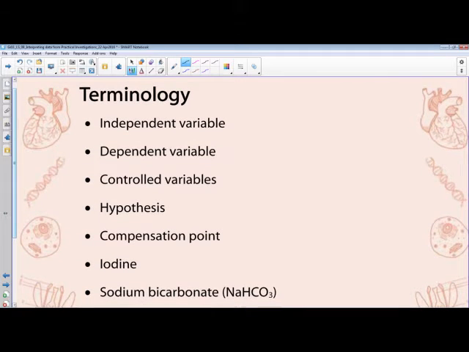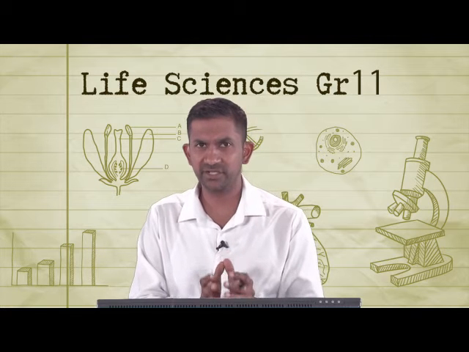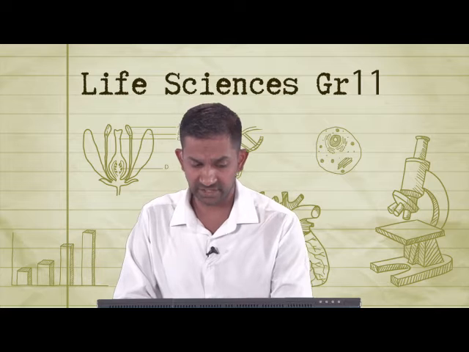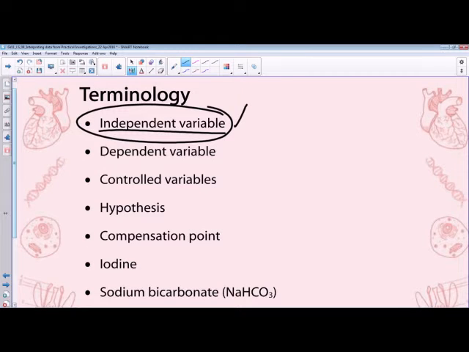Some important terminology, guys. We need to look at independent variables, and as I said, the independent variable is the variable that you are actually manipulating, or ask yourself, what are you testing in this experiment? And that is often what the answer should be giving you, the independent variable. The second variable that we often need to remember is the dependent variable.